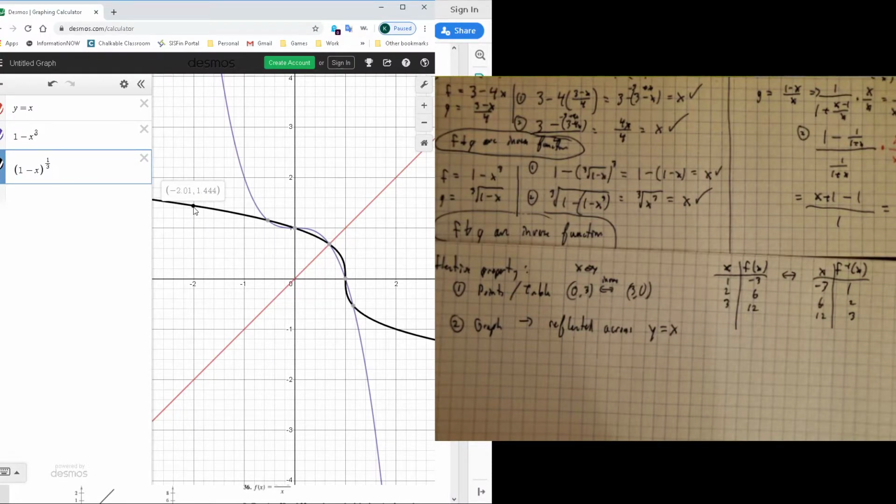There we go. So then if I switch those values around and go to the purple graph, on the purple graph, if I go to 1.442, there it is. Look at that. These should have the same value, which is pretty crazy.